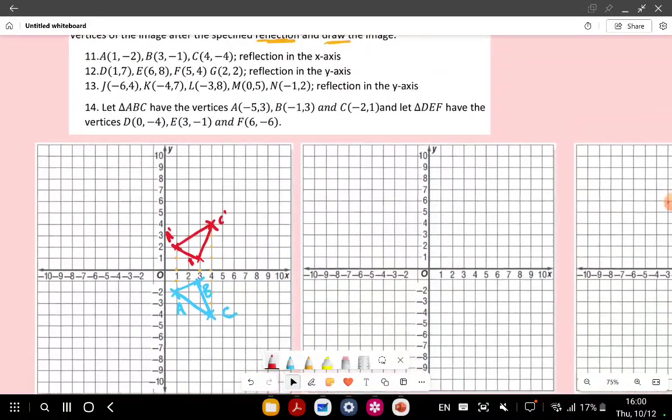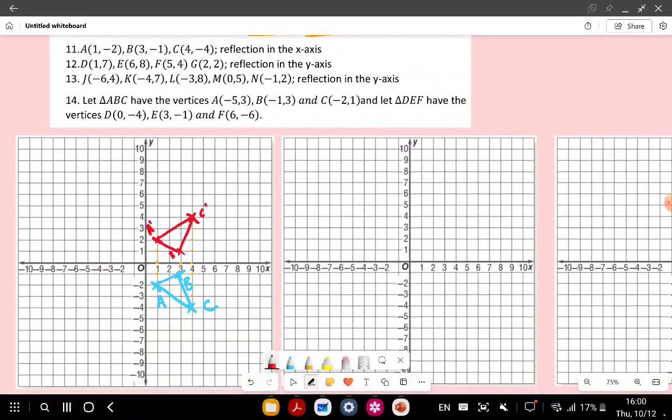But now what I have not done is the coordinates. Now remember to answer the question. So if A is 1, negative 2, then A1 is going to be, remember it's the x-axis, so I change y, 1, positive 2.